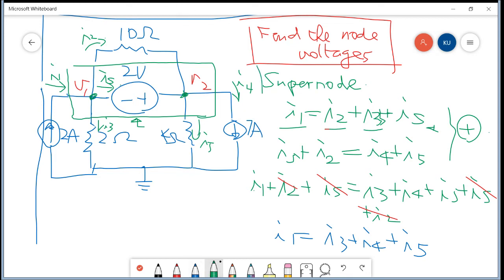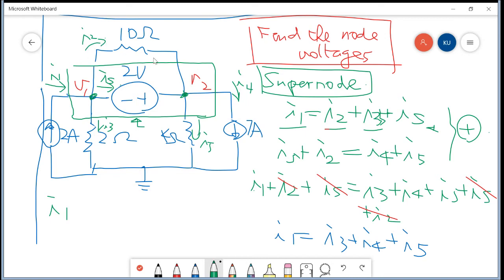The point we can use the supernode is that we assume this is a very big node, so we consider all the current going in this big node. The current inside it, we just ignore because it is already inside, so it doesn't really matter. So when we consider all the current going in or going out of this supernode, we know that I1 is going in, so it is on the left side.